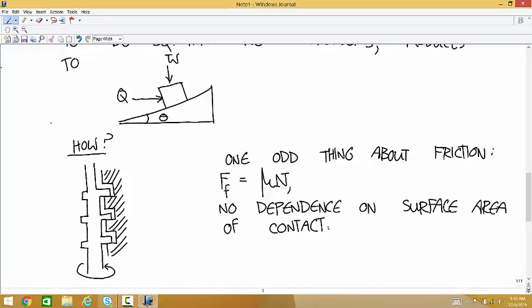In all the friction problems that you've ever done, the calculation says that if you have a smooth piece of steel and a smooth piece of wood in contact with a surface area of 1 square centimeter, as long as that normal force is the same, that's going to be the same friction force as something with a square meter of contact, steel and wood. It's odd, and it's not really true, but to first approximation it is.